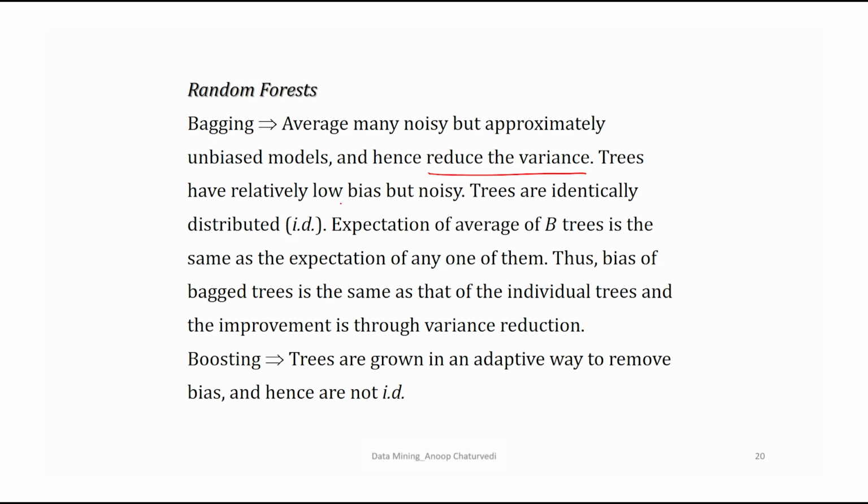Trees have relatively low bias but are noisy. Trees are identically distributed, and then the expectation of the average of B trees is the same as the expectation of any one of them. So the bias of bagged trees is the same as that of the individual trees. So there is not much improvement in bias, and the improvement is just through the variance reduction only.